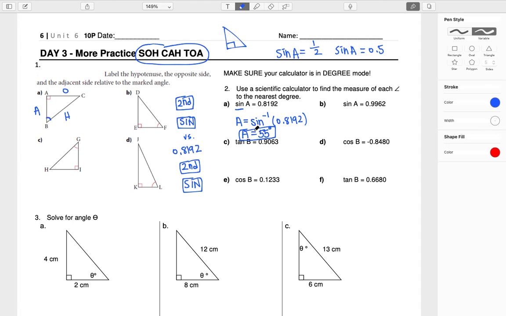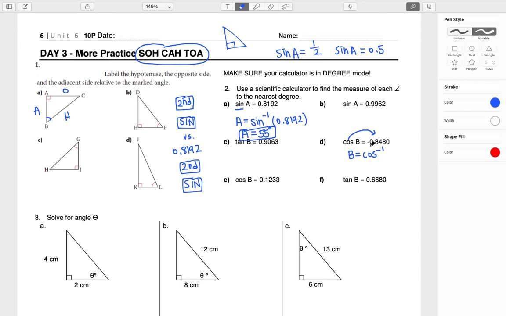Okay, so let's try the next one, letter D. So we are given cosine B, and this time the ratio is negative. It's okay. So I'm going to isolate for B, and I'm going to move cosine to the other side. I want B to be alone. So when I move cosine to the other side, it becomes cosine inverse.